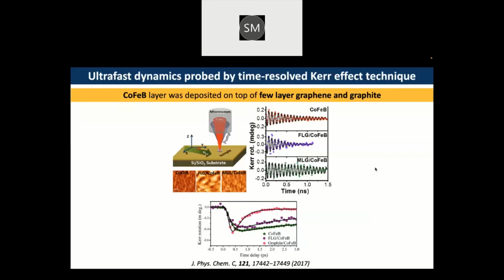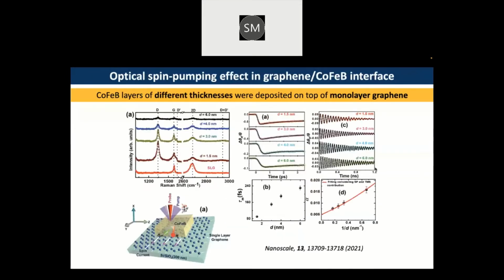But more importantly, in 2021, Panda et al. dug deeper and performed pump probe measurements on CVD grown monolayer graphene interfaced with cobalt iron boron. The thickness of cobalt iron boron varied from 1.5 nanometer to 6 nanometer. Due to bombardment of the ions in the sputtering chamber, defects get introduced in the graphene layer, and you can see the peaks relevant to the 2D, bulk G and defect peaks from the Raman spectra.